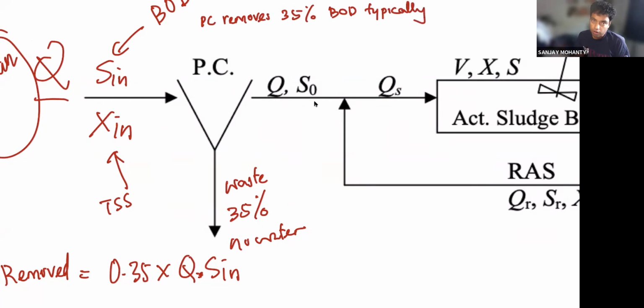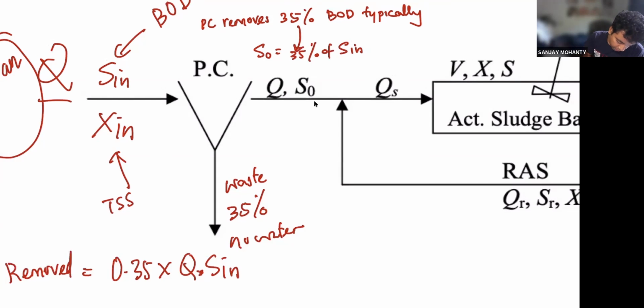Sometimes it says 40%, sometimes it says 30%, but that number is usually given. So that means S0 would be equal to 35% of S in. That's how you can calculate S0 if it's not given.